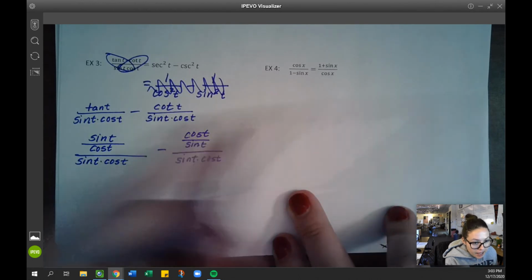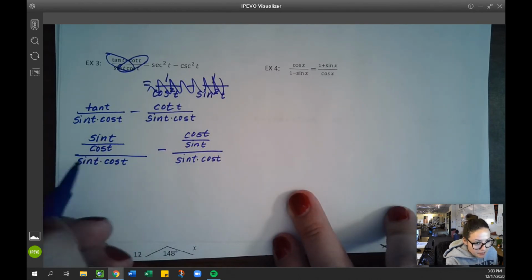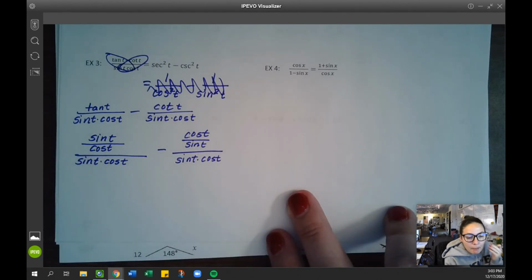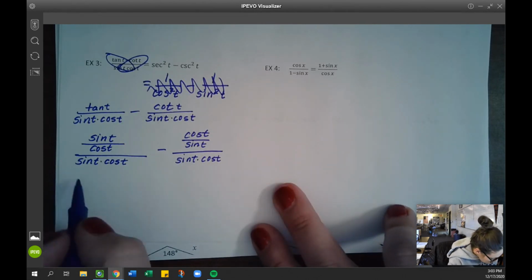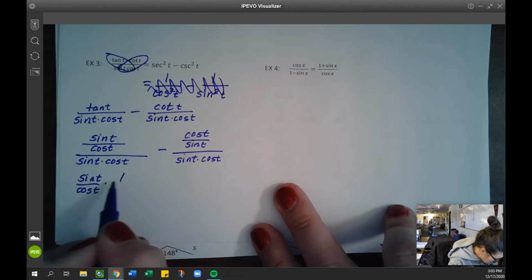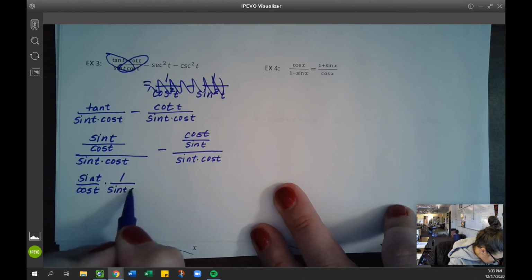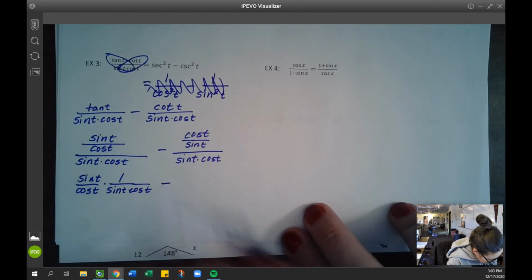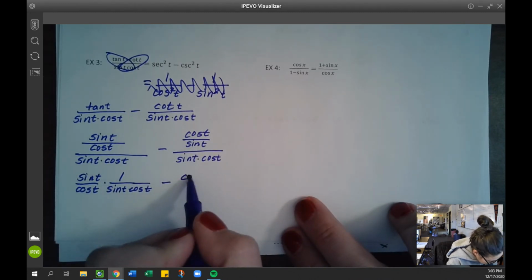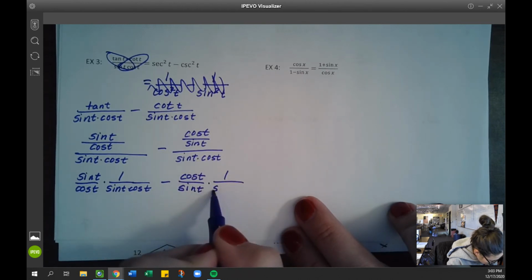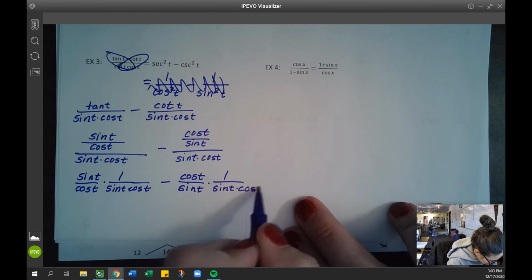Okay, now we have a fraction divided by something else. Dividing by this is the same thing as multiplying by its reciprocal. So I have sine over cosine times 1 over sine times cosine, minus, same thing, cosine over sine times 1 over sine times cosine.